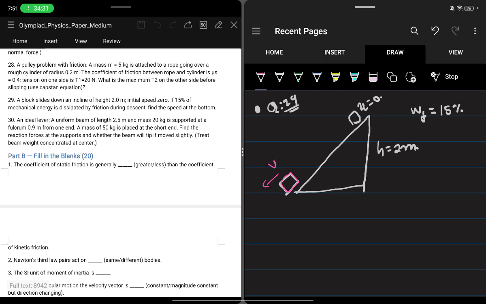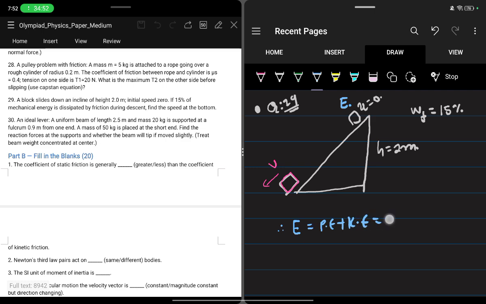So let's first find out the total mechanical energy at the top. At the top, total mechanical energy is nothing but potential energy plus kinetic energy, right? Here kinetic energy is 0 as its speed is 0 at the top.